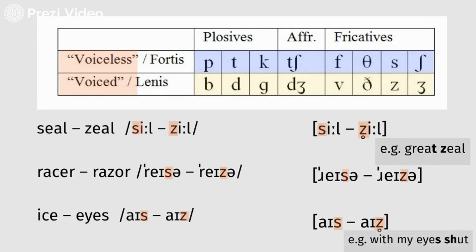And again, especially when it appears together with other fortis fricatives, affricates, or plosives, as for example in my eyes shut, where the fortis fricative sh in shut influences the quality of the preceding lenis fricative z in eyes and devoices it, so that eyes becomes eyes with a voiceless s, in my eyes shut. And this process in phonetics is known as regressive assimilation.